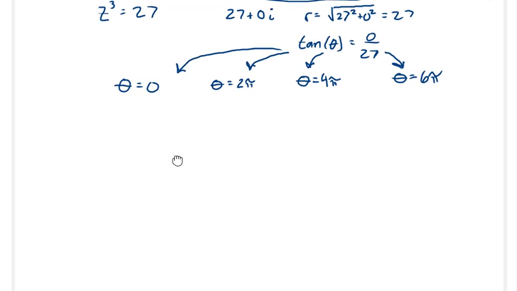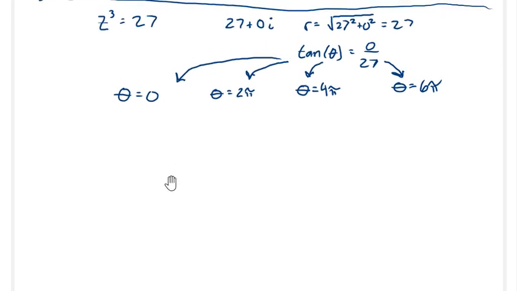All right, so let's see what happens when we use each of those angles. First of all, when I use theta equals 0, here is my polar form of that number.